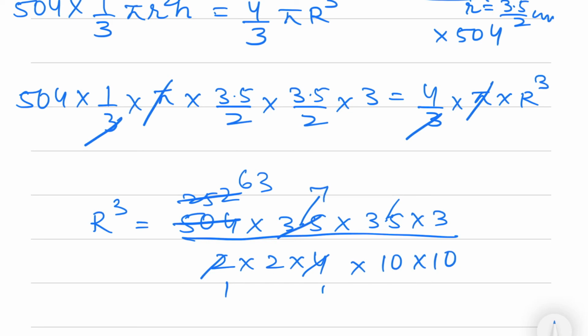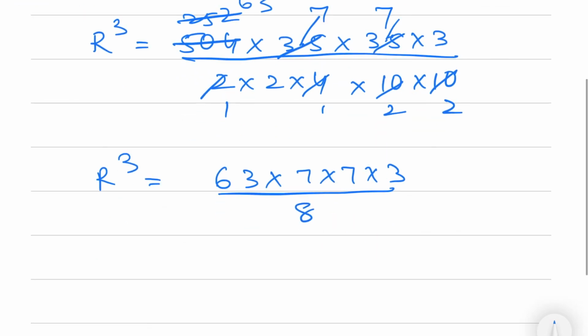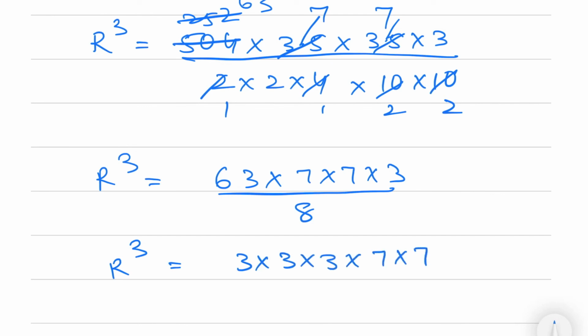So 7 and 7, this is 2 and 2. So we have R cube as 63 into 7 into 7 into 3, and here we have 8. So R cube I can write down as 3 into 3 into 3 into 7 into 7 into 7. 63 I have factorized as 3 into 3 into 7, and here we have 2 into 2.